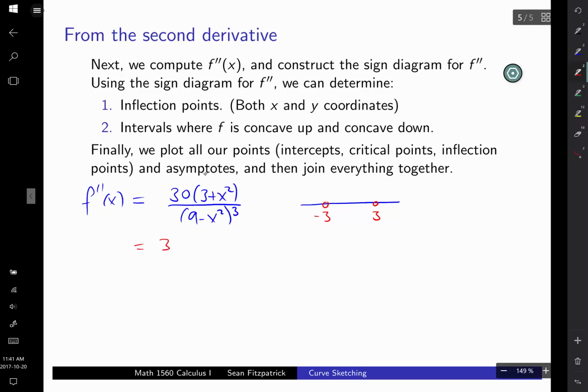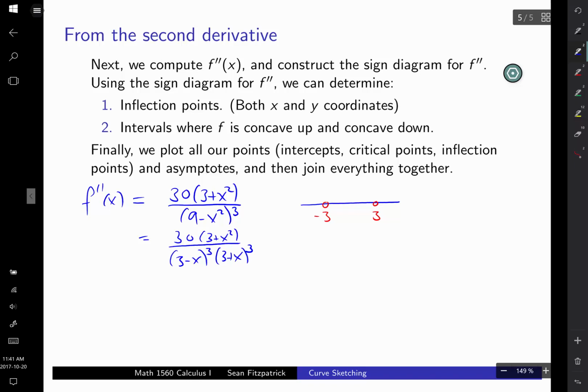And here you actually do have to pay some attention, because what you have is 30 over 3 plus x squared, and on the bottom I've got 3 minus x cubed, 3 plus x cubed.